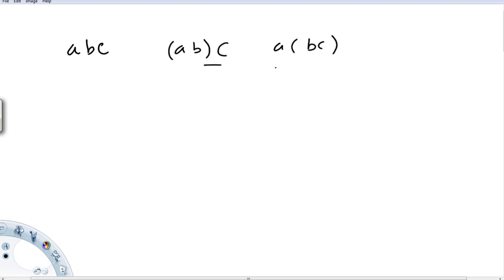Since in a group all these are the same, we can write this as ABC, because they are equal. There is a proof through induction, and then you repeat this application several times for the associative property, and you prove a general associative property that essentially means parentheses can be inserted or deleted at will without affecting the value of a product.